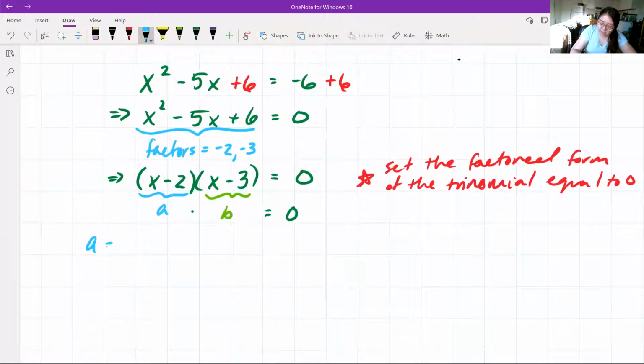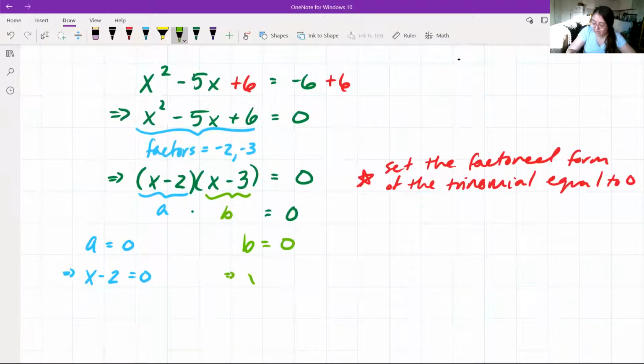So we'll say A equal to 0 and B equal to 0, which really simplifies to x minus 2 equal to 0, and x minus 3 is equal to 0.